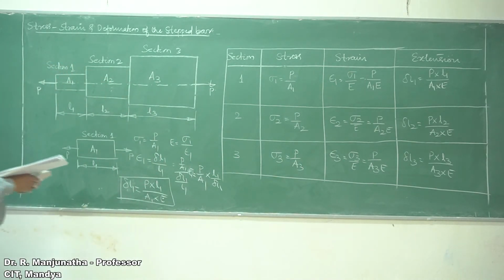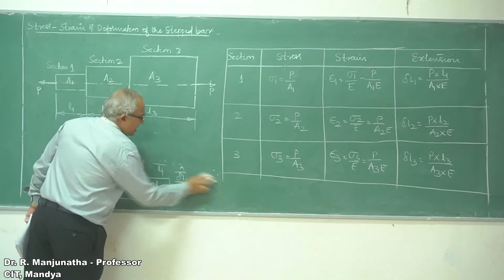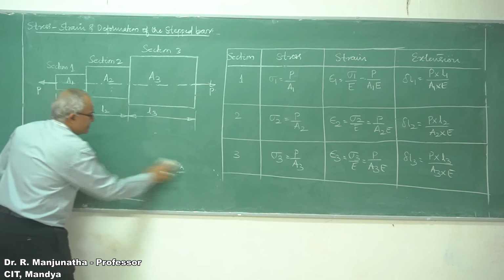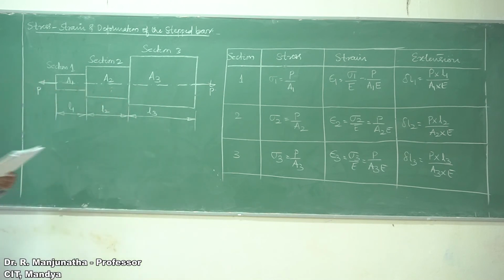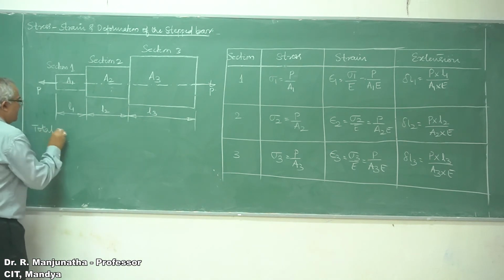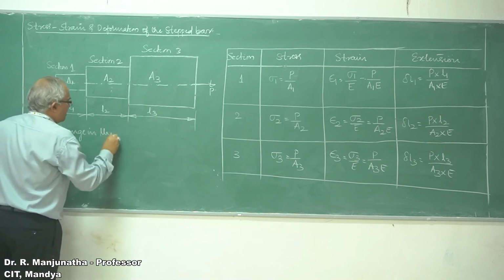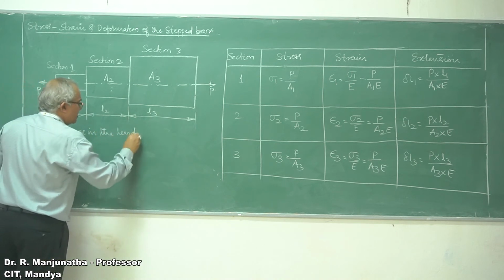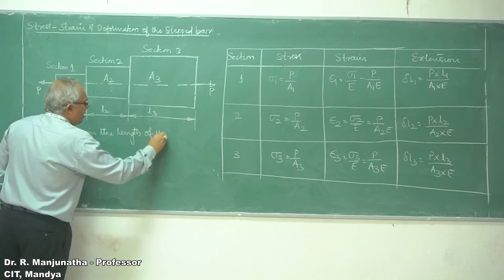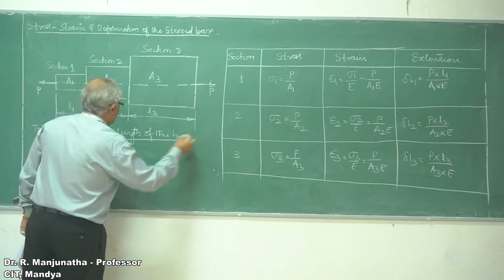But actually what we need to find out is it for the entire section. To do that, we have the total change in the length of the bar, which is given by delta L, the total change.